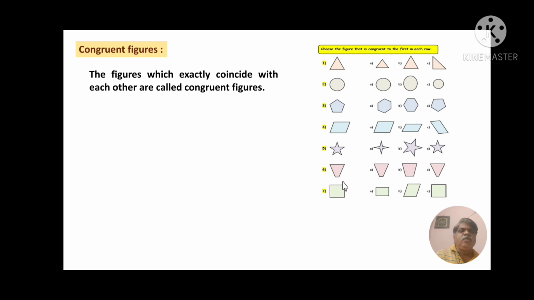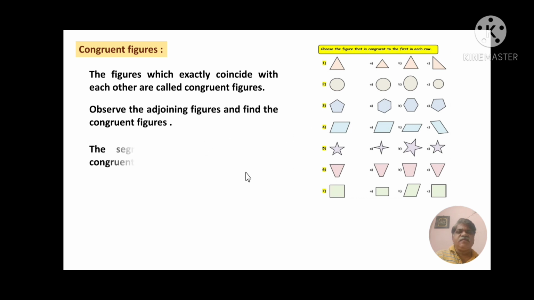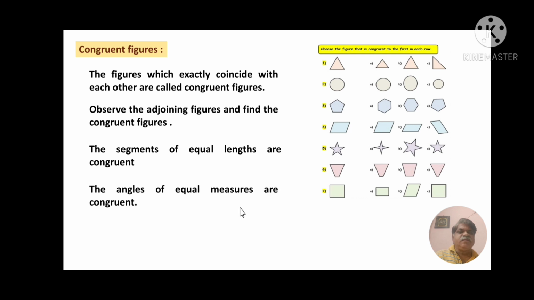When kept one over the other, there seems to be only one. Such figures are congruent figures. Observe the adjoining figures that we have discussed. The segments of equal lengths are congruent and the angles of equal measure are also congruent. So I think you got the idea regarding these different shapes of figures.